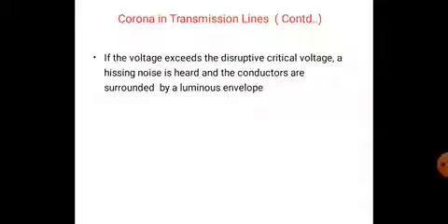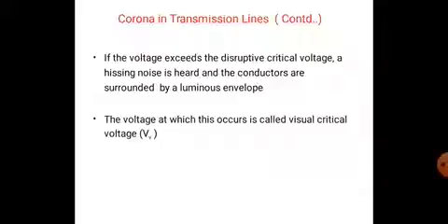This phenomenon is called visual corona, and the voltage at which it occurs is known as the visual critical voltage. The visual corona is accompanied by the production of ozone, which is readily detected because of its characteristic odor.